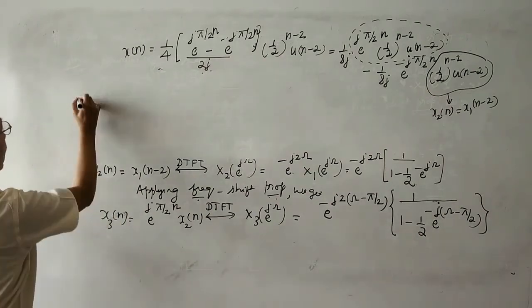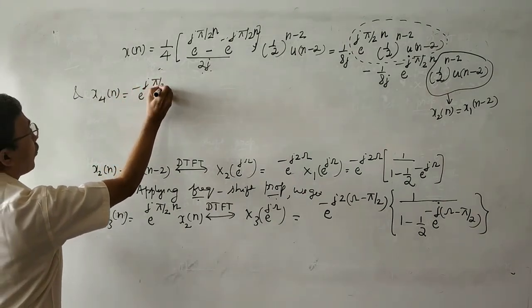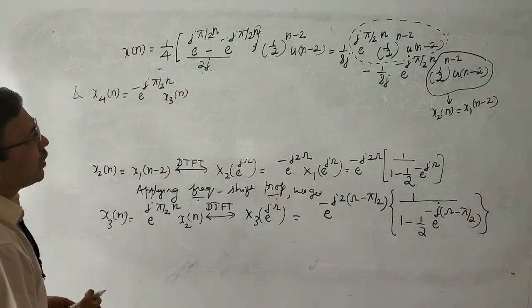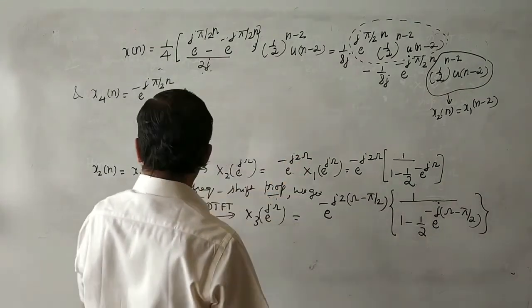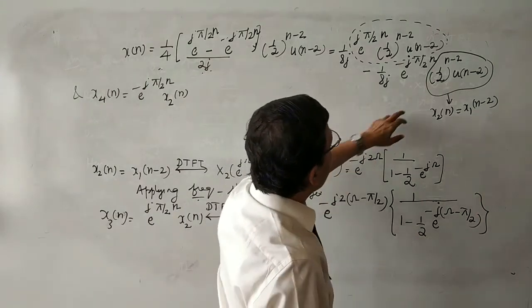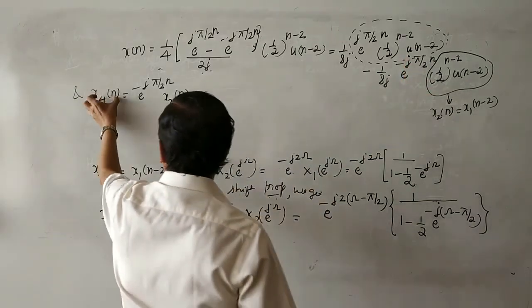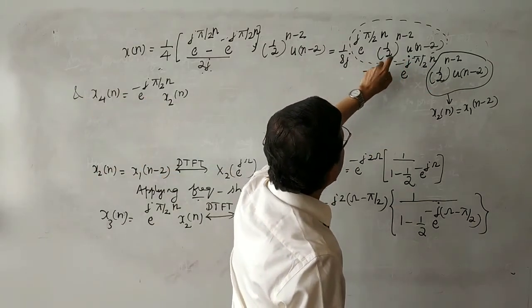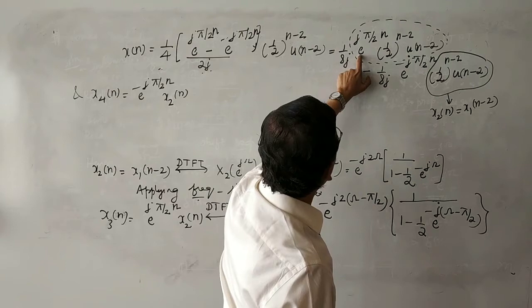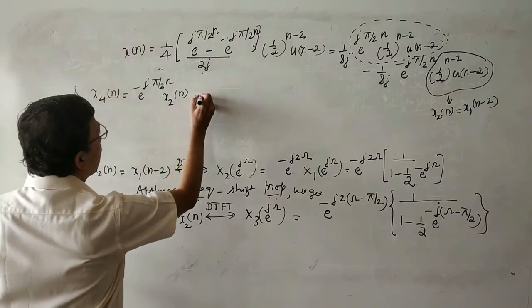And what is x4 of n? x4 of n equals e to the power minus j pi by 2 into n into x2 of n. Please note that x2 of n when multiplied by e power minus j pi by 2 into n will be called x4 of n. x2 of n, which is half to the power n minus 2 into u of n minus 2, when multiplied by e to the power j pi by 2 into n will be called x3 of n. Again apply frequency shift property.